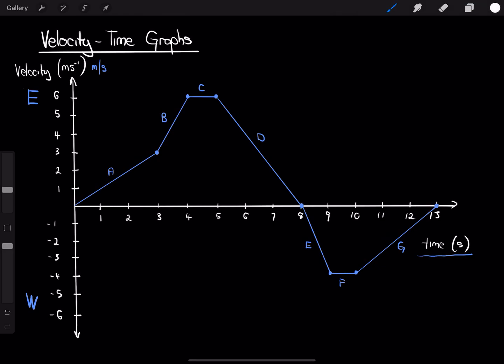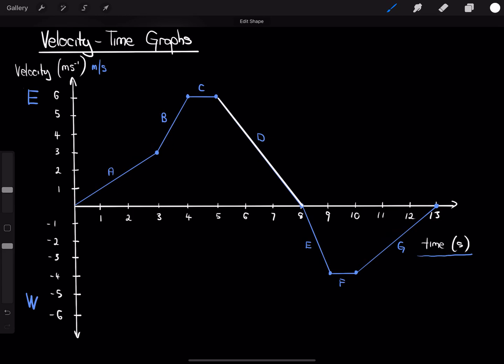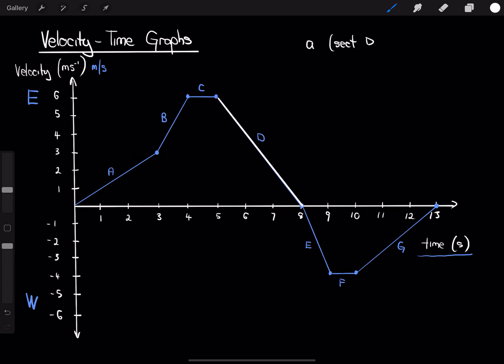Okay, for section D, we have the acceleration in section D. Once again, it's the same formula. It's change in velocity over the change in time. So it's going to be the final velocity, take away the initial velocity, divided by the final time, take away the initial time. And if we look at this section, I'll just draw some guidelines here so I can see what we're doing.